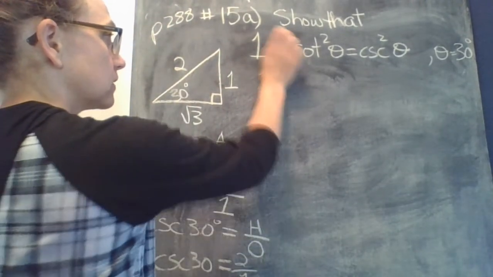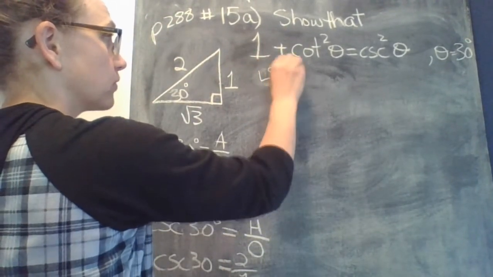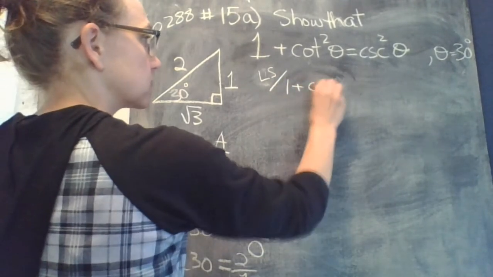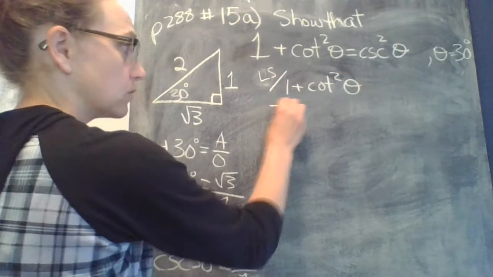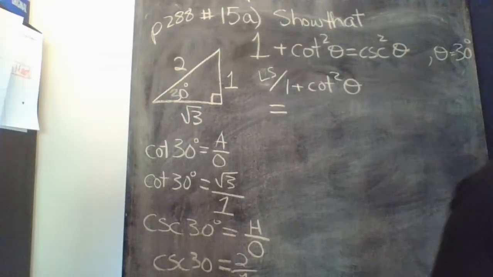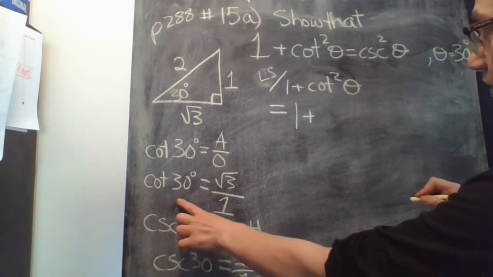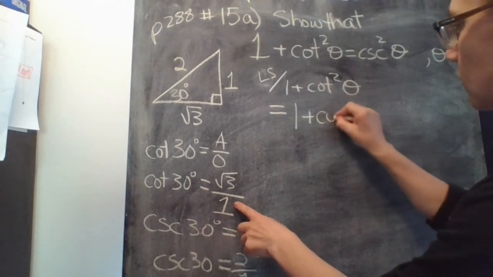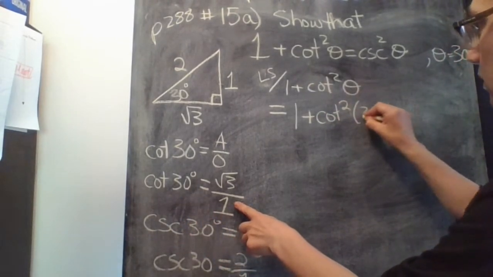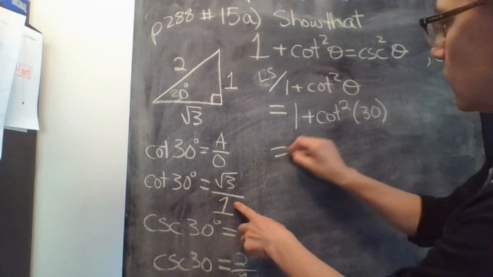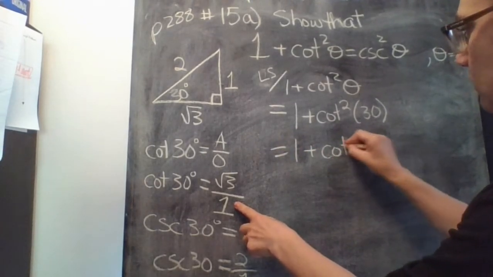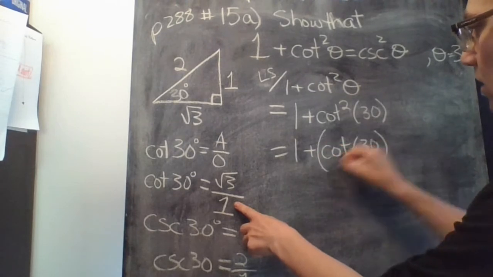So that means, let's check our left side because we're proving. 1 plus cotangent squared theta. So what does that equal? That equals 1 plus cotangent of 30, right? That's what we're dealing with. So that means 1 plus, so that really means cotangent of 30 all squared.